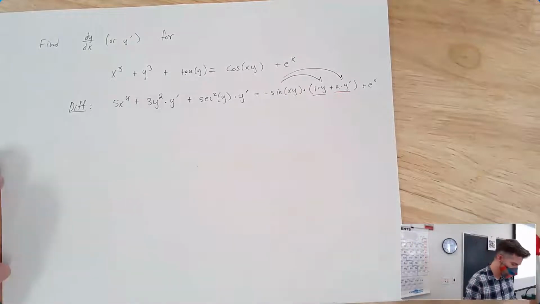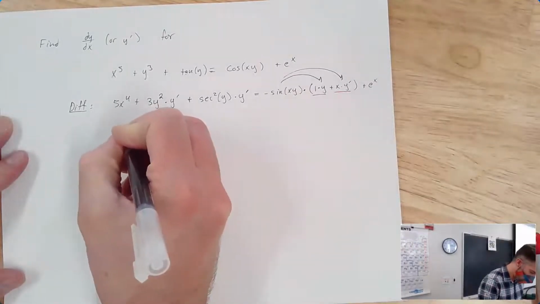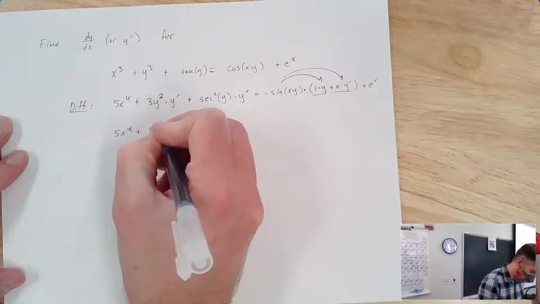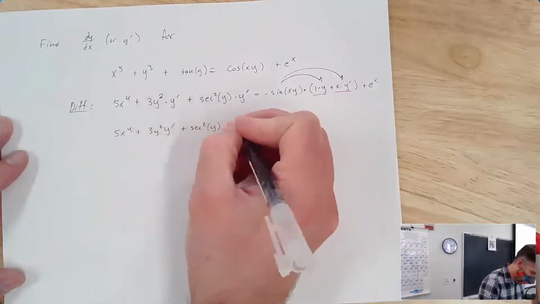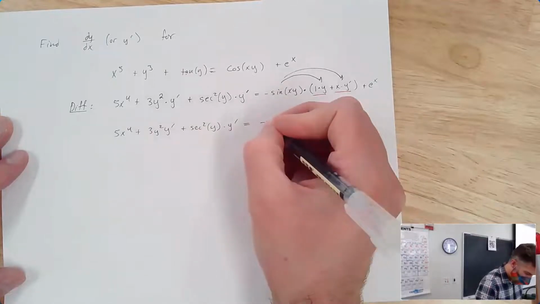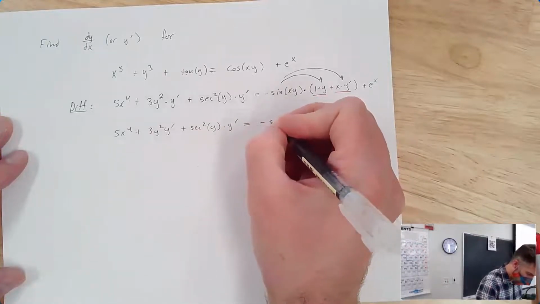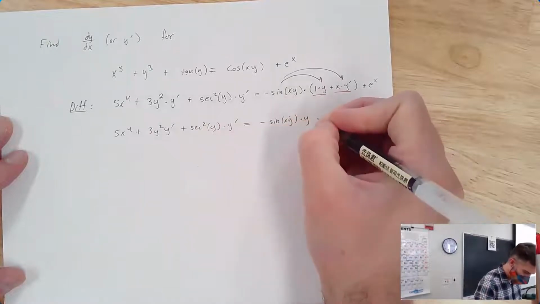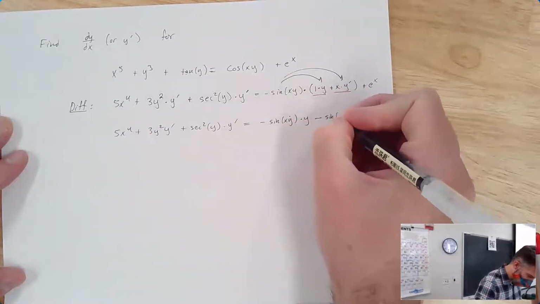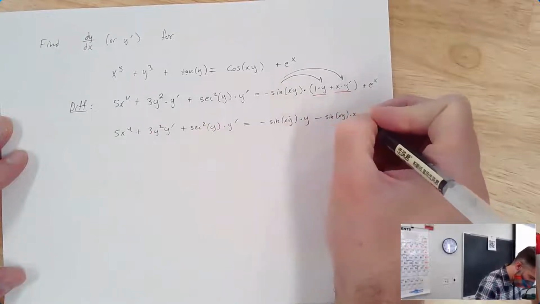We're going to get 5x to the fourth plus 3y squared y prime plus secant squared of y times y prime equal to negative sine of xy times y minus sine of xy times x times y prime.